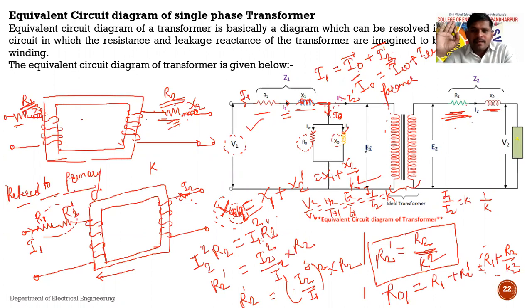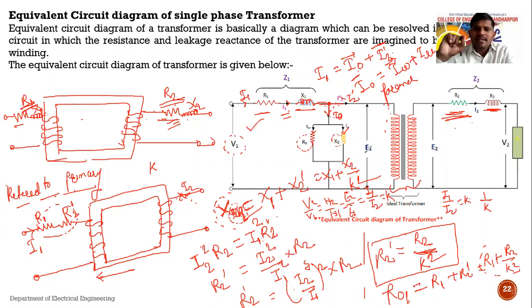Getting? While transferring the secondary value, we can call it referred to primary. So for your convenience, I am telling that referred to primary means the secondary value can be transferred to primary. I told you this so you can understand, we can call it a referred value or referred to primary.